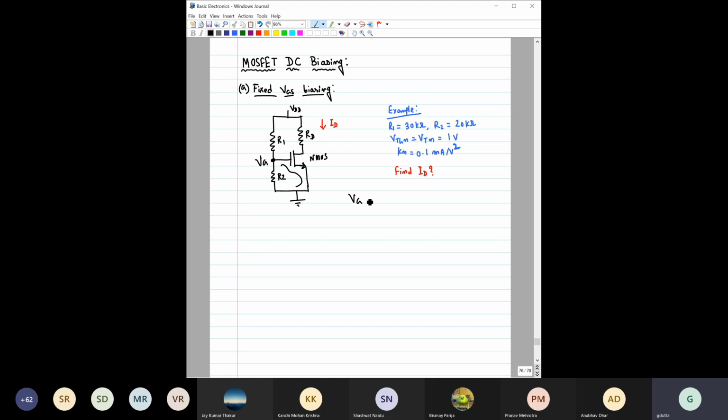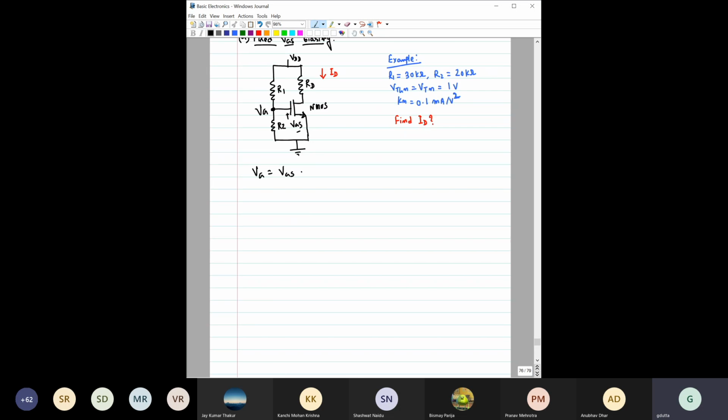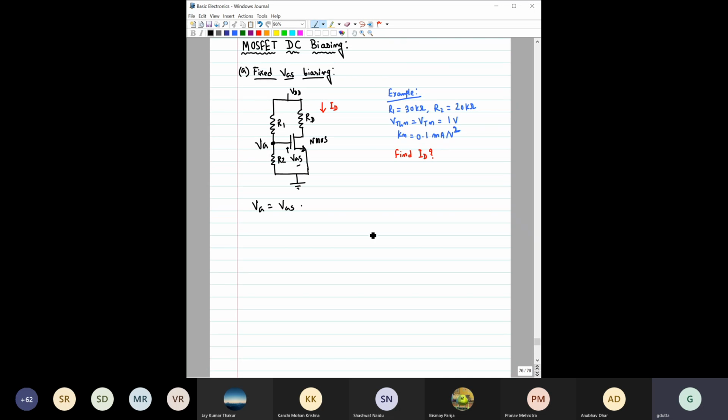This VG, I will write it here so that the example can be done on this side, is VGS. So this potential is nothing but VGS. Regarding the stability, maybe I will come after this example.